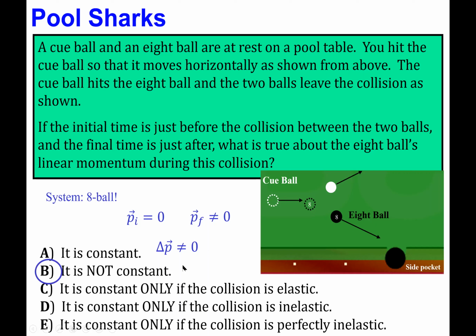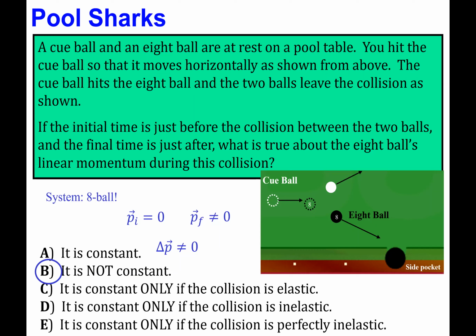Now we could go through these other options and think about them a bit. C says the momentum is constant only if the collision is elastic. But these two concepts are separate. So constancy of momentum during a collision is a separate issue from whether or not the collision is elastic or inelastic.